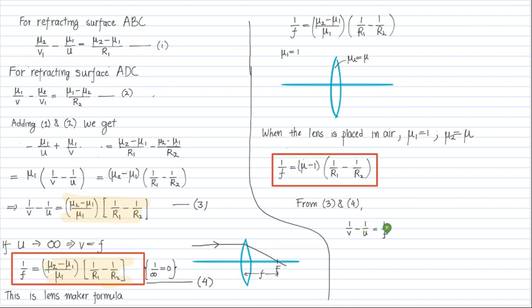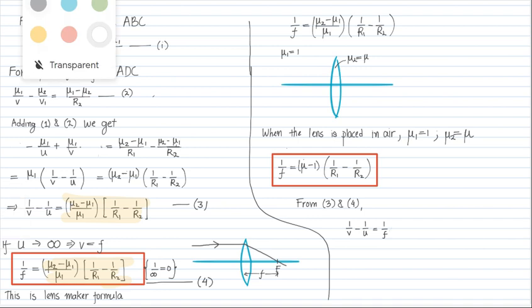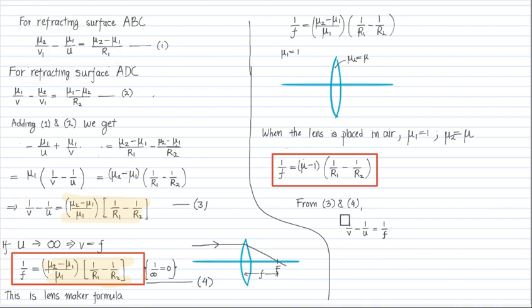This equation is known as the thin lens formula. So I'll write it down here.